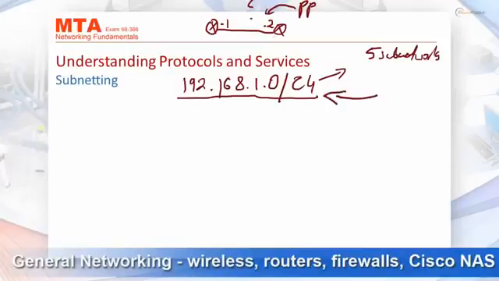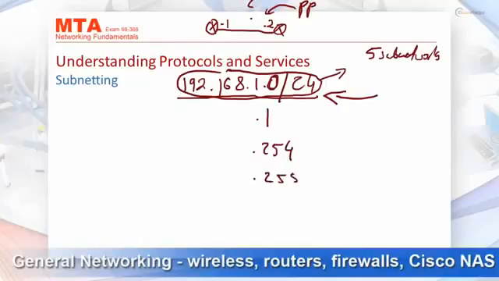How many IP addresses can I get in a network like that? Do you remember? 0 is network. Yeah, we start with 1. What is the last IP address? The last usable IP address is 254. And 255 is a broadcast address. Broadcast means that I want to send a message to everybody.